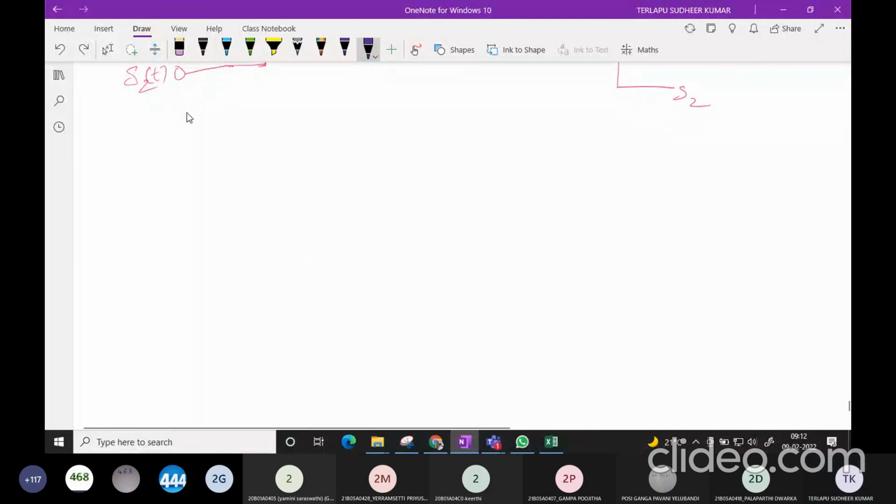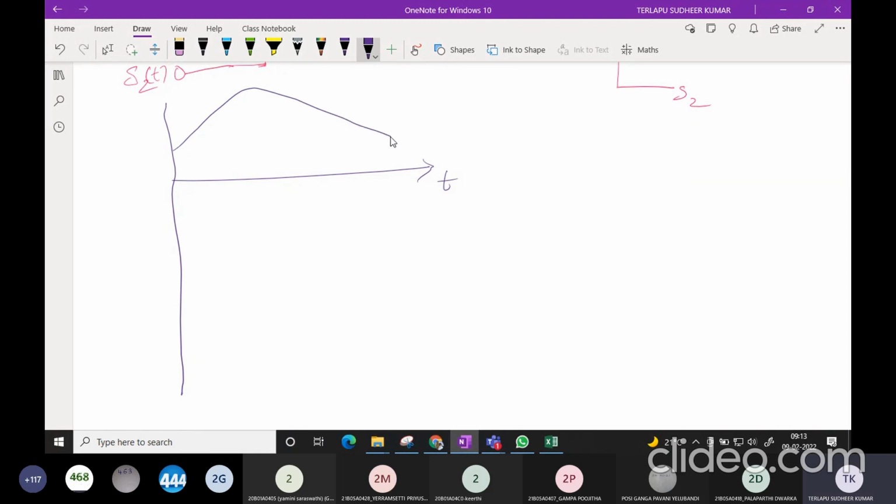So here, assume this is my M of t, let us suppose for S1 of t. And I'm using a flat top sampled signal, let us suppose flat top sampled PAM.